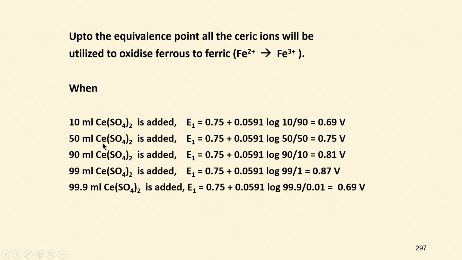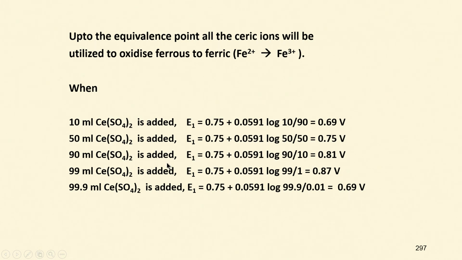So, when 50 ml of this is added, nearly 50% of ferrous is oxidized and 50% is not oxidized. So, if I put it in this equation, E1 is equal to 0.75 plus 0.0591 log of 50/50. This is 1, so log of 1 is 0, and it becomes 0.75 only.